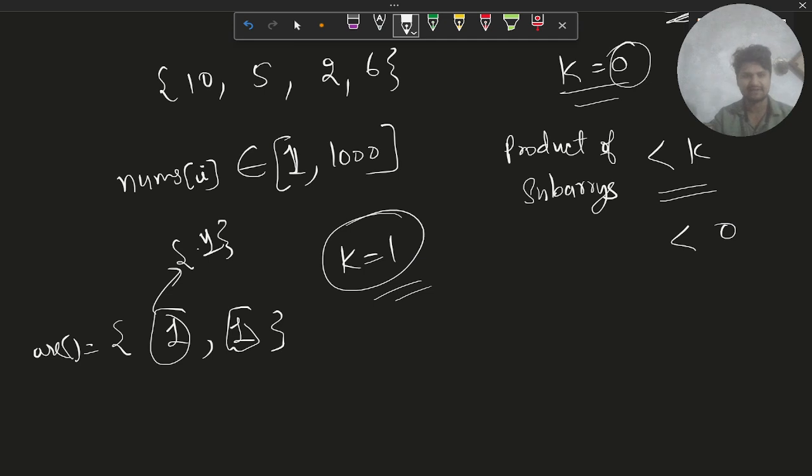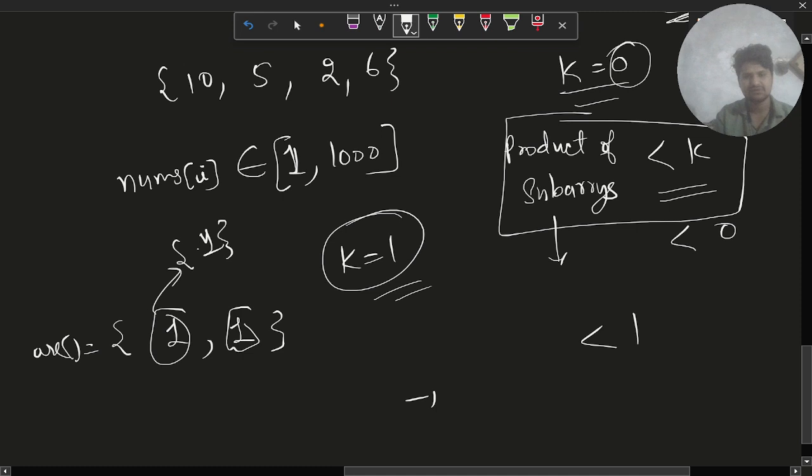Strictly less. That means if we have a product of a subarray, it should be strictly less than 1. Strictly less than 1 means it can be negative values or 0.